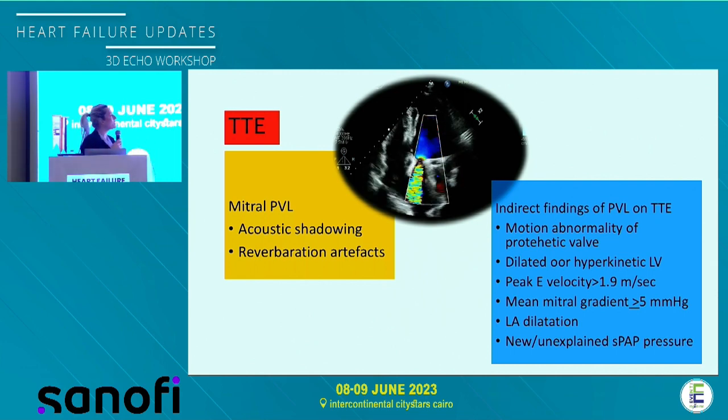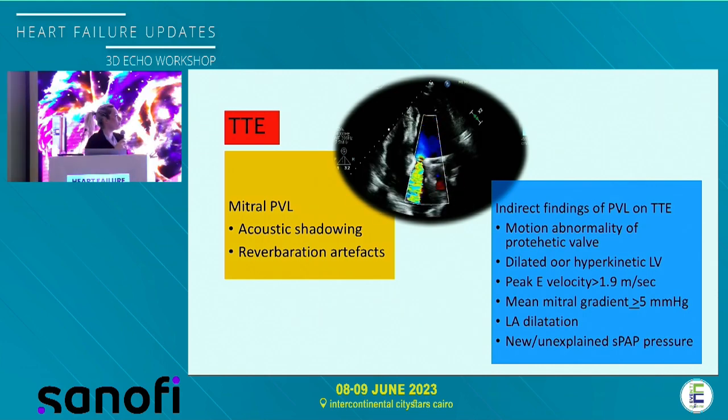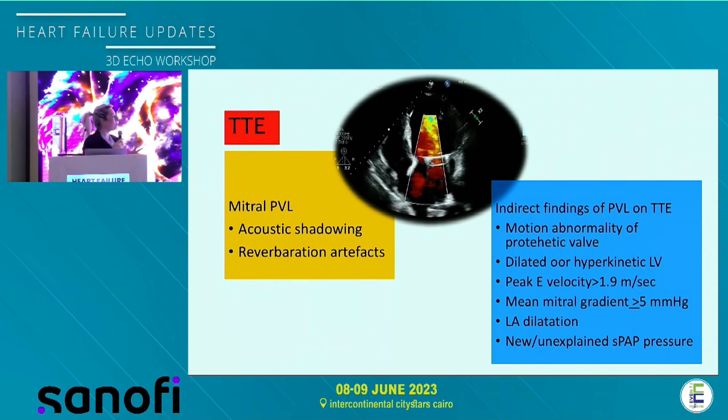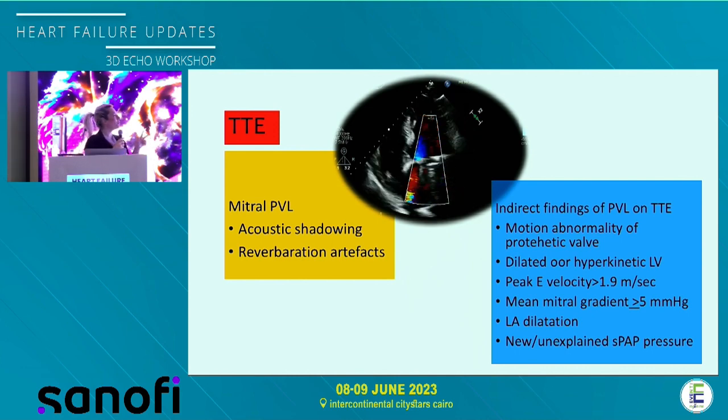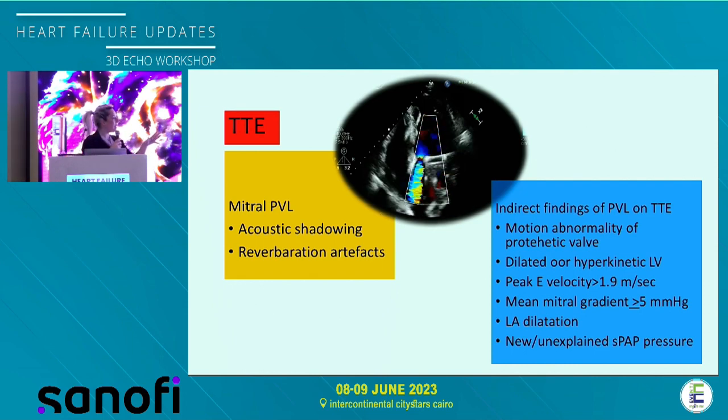And transthoracic echocardiography is the initial, of course, the most practical and most accessible method for paravalvular leaks as well. But for the mitral prosthetic valves, there is a problem with acoustic shadowing and reverberation artifacts, and you can see it in this case as well.